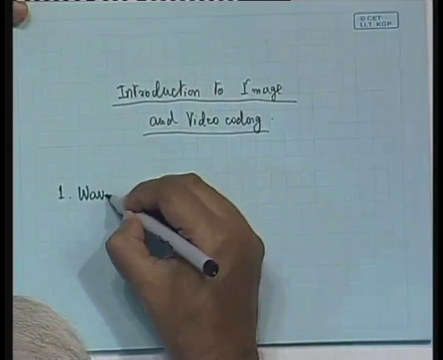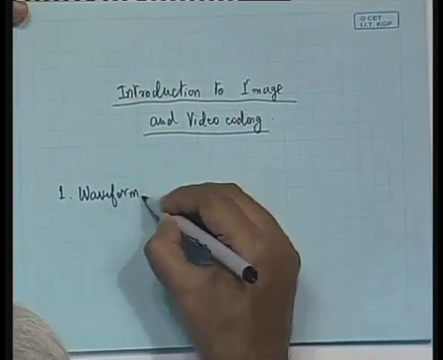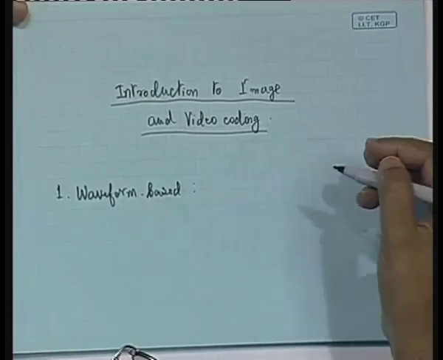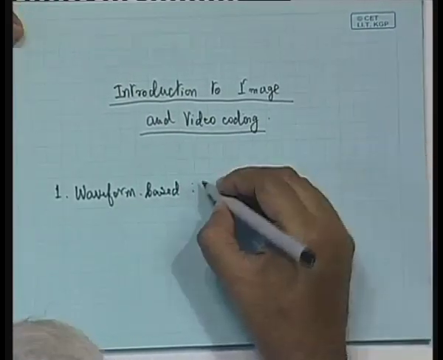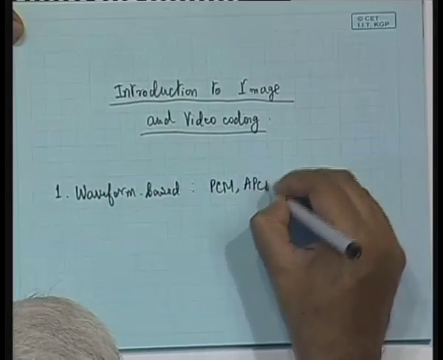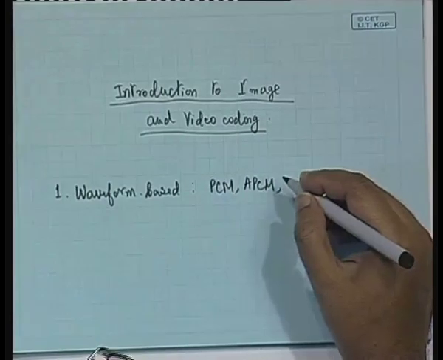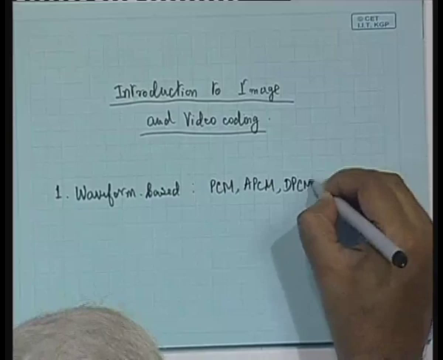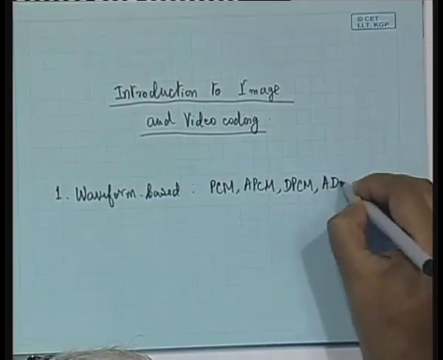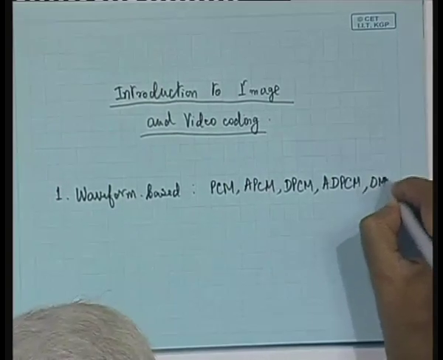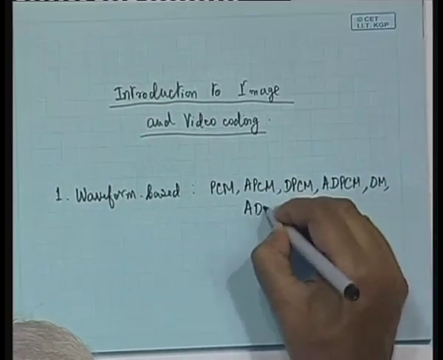One is waveform based, which included techniques starting with PCM, adaptive PCM, then predictive coding, which included differential PCM, ADPCM, delta modulator, adaptive delta modulator, etc.